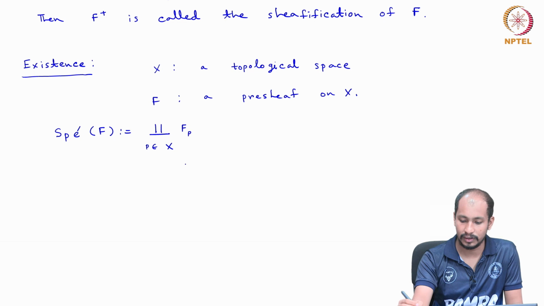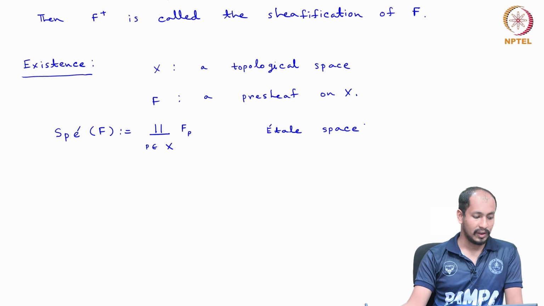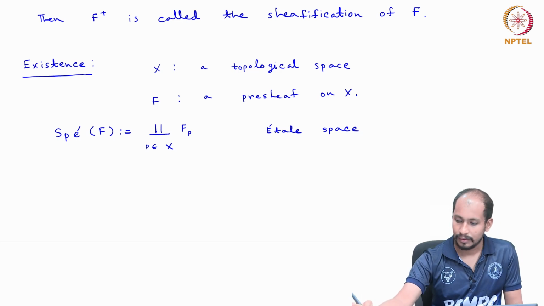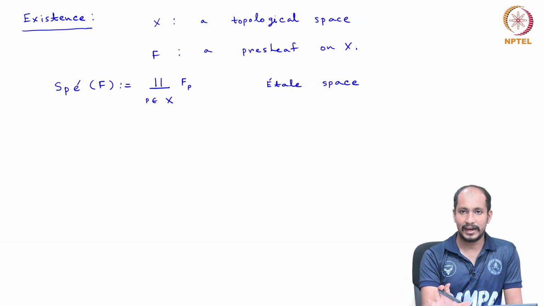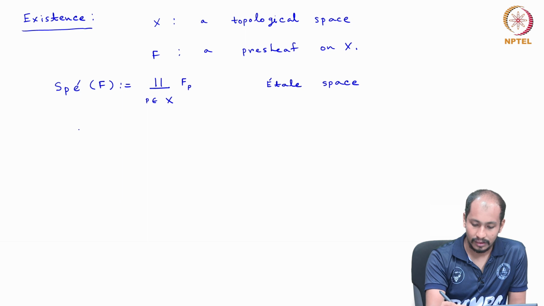So, this disjoint union is called the Etale space. Right now this is a set, but we will give a topology on this space, okay.